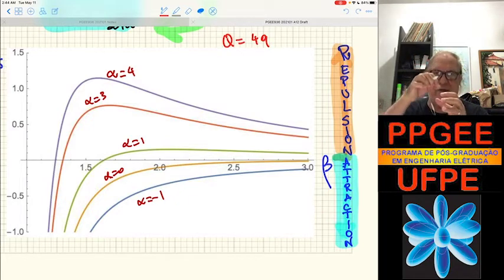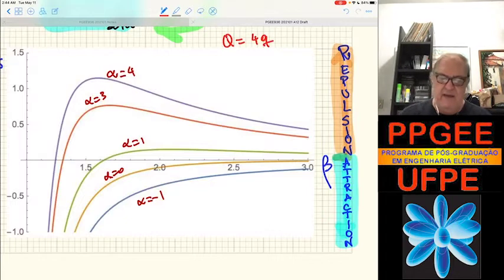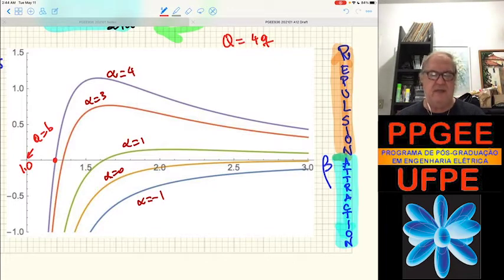If you approach very close, for this radio, for instance, capital Q equals 4 Q. When you go to this value, this is 1. So here at this point, A equals B. There's a point at 1.2 in this case, B equals 1.2A, in which the force turns out to be attractive.